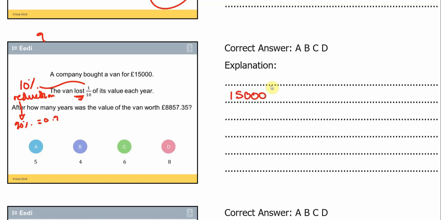So 15,000 times 0.9 to the power of something. We don't know how many years yet. We've been asked how many years. And that's going to equal this amount of money. So I'm just going to use trial and error, filling in that box with some numbers. If we weren't given multiple choice, I would still pick some numbers, but I'm just going to start at 5 and see what happens.